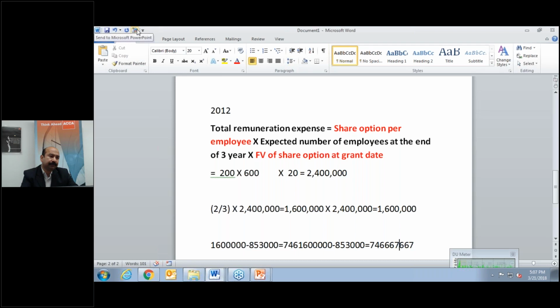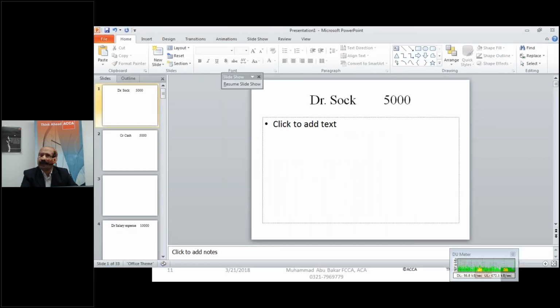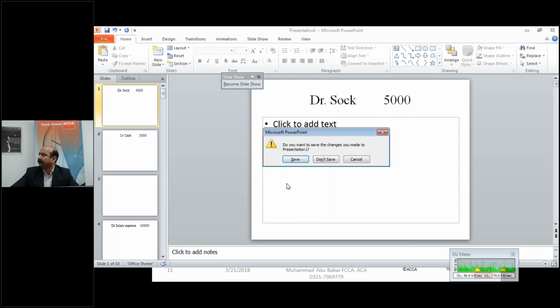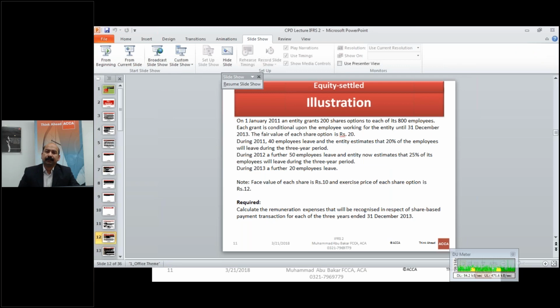Hamad Ahmed is looking for the treatment or expense required for those employees who are leaving in 2011. Nothing, because as we discussed, we are only... sorry, I think there is some issue. Okay. Those who left are not entitled, so we do not have any liability, and that's why we shall not recognize it.